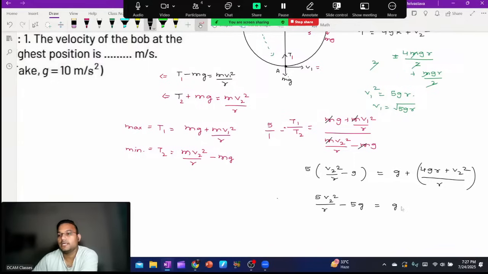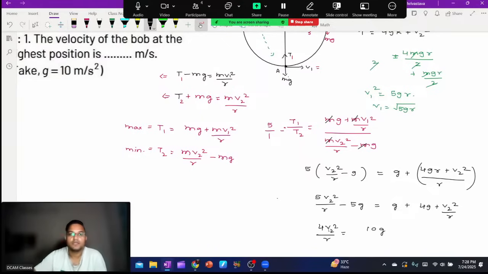Here it is not needed because, see, if there was no other way, you could have used that condition of root 5gr. But using the law of conservation of energy only, we are getting the answer. So why apply the limiting condition? So it will be 4 V2 square by r is equal to 10g.